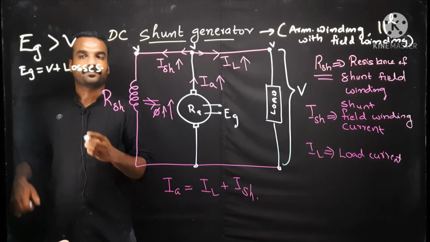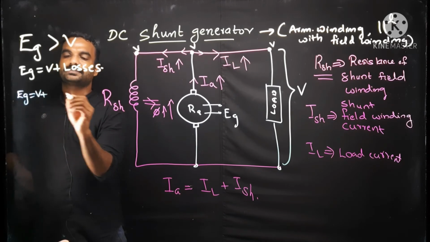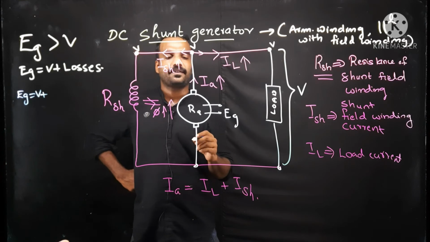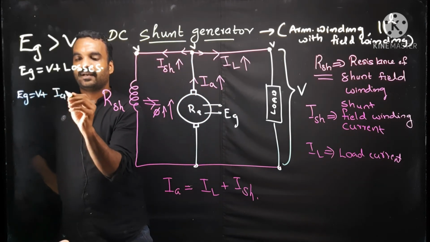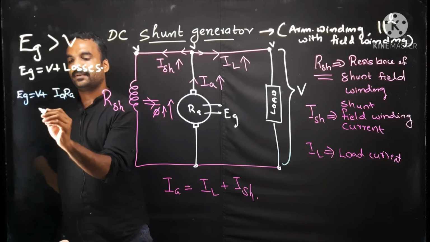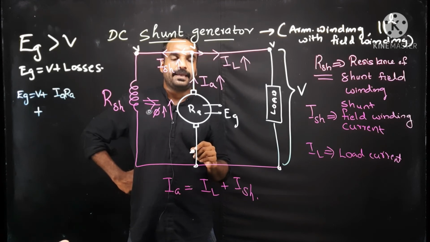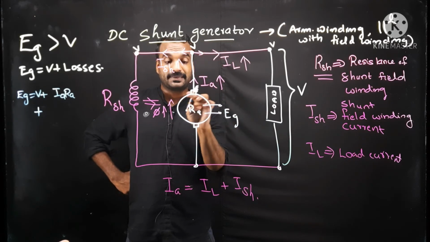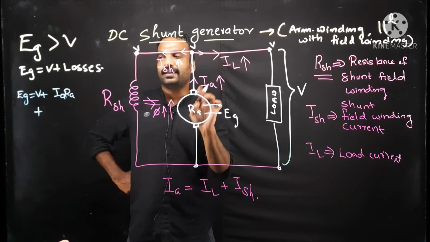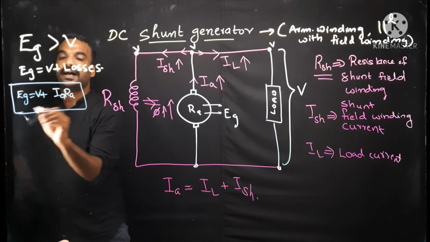EG is equal to V plus the first loss, the armature resistance loss, IA RA. Is there any other loss? No. In between EG and V only one winding is present, that is the armature winding. So the loss is only IA RA loss, so no need to add a plus sign. EG is equal to V plus IA RA.